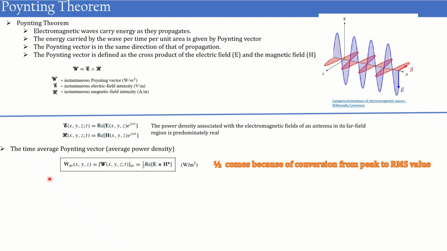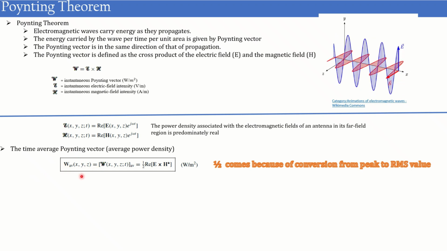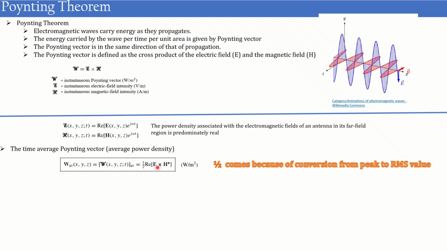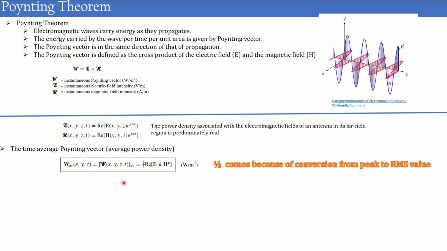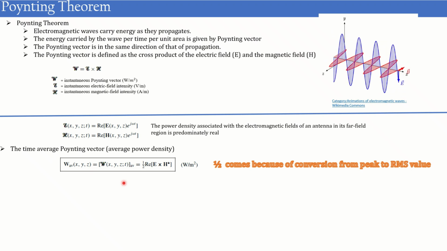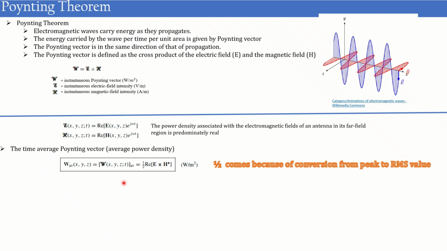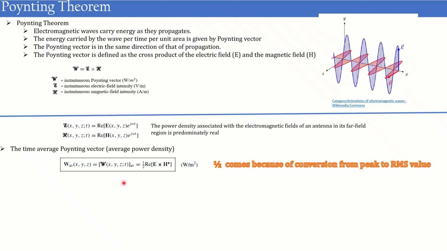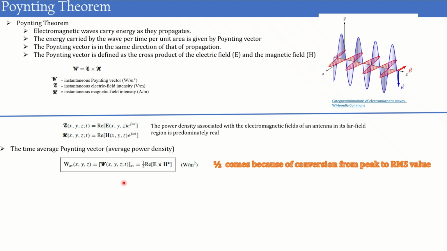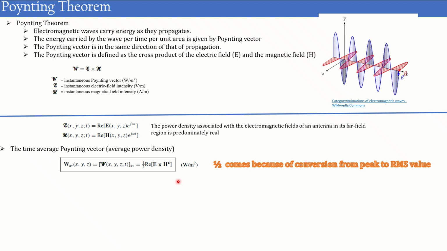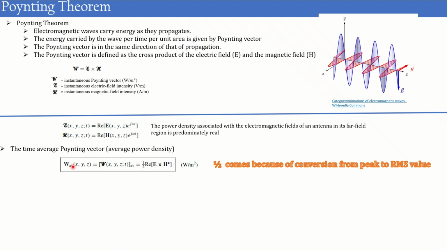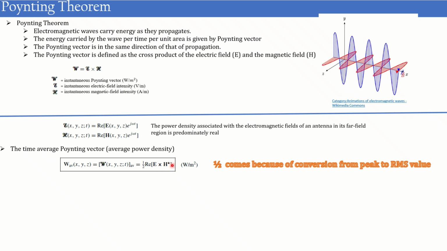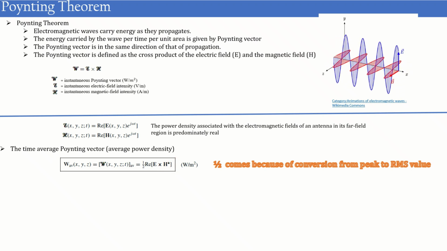That is, the total average power density is given by half real part of E cross H. That means that the power density is related to the peak electric and peak magnetic field by the expression half of real part of E cross H. So we can see how we can get the power density from the electric and magnetic field using CST.